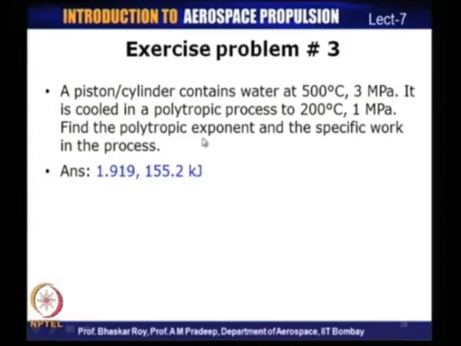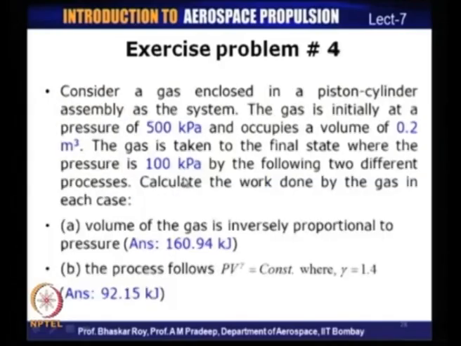We need to find the polytropic exponent and the specific work in this process. That is, you need to find P v raised to n, where n you have to find, as well as the work done during this process. In this case you will find that the polytropic exponent will come out to be 1.919 and work done during this process is 155.2 kilojoules.